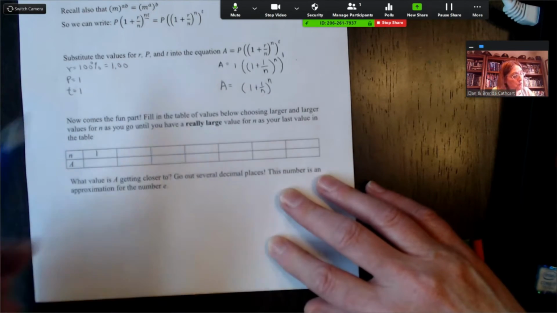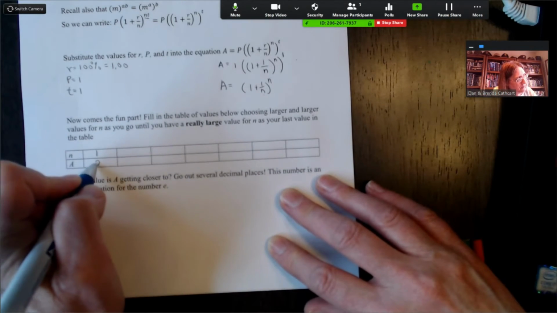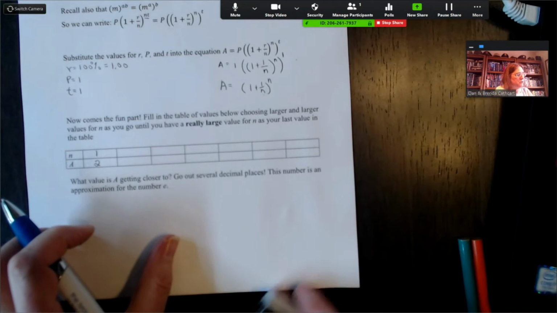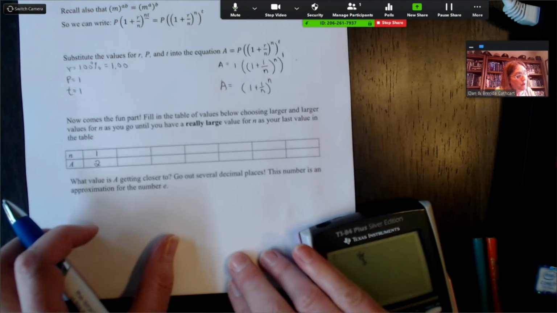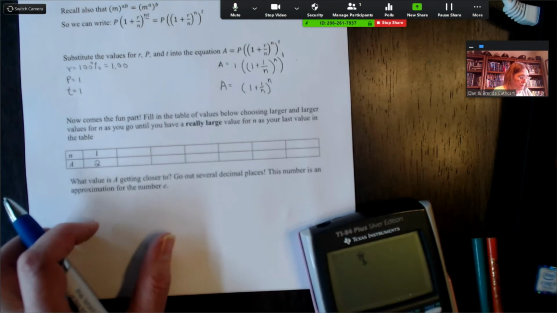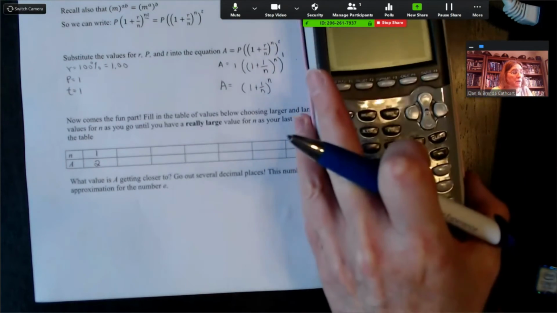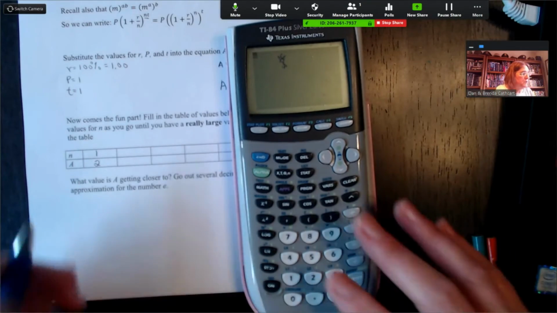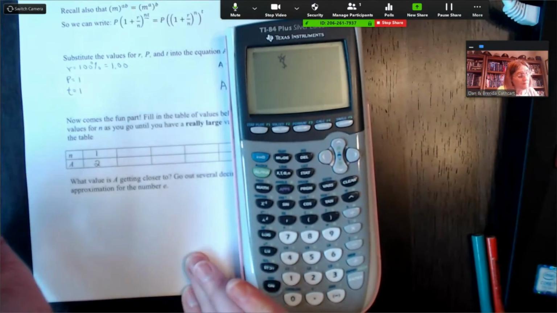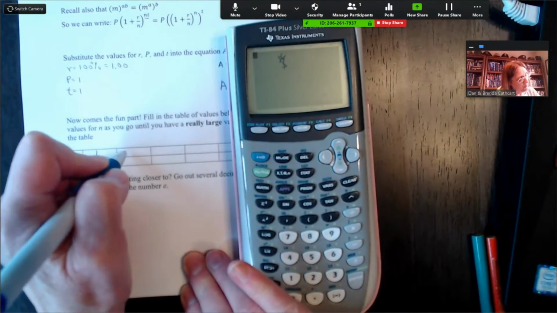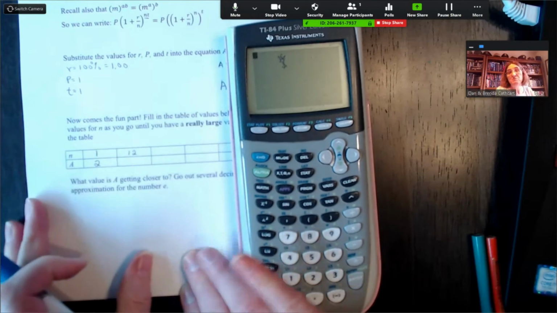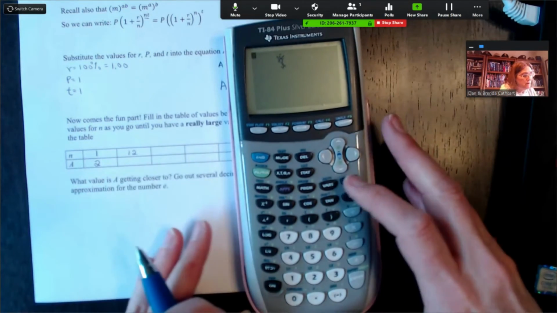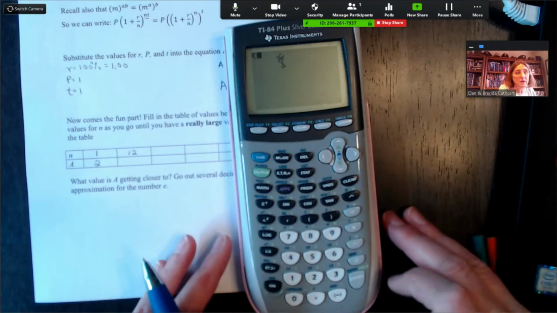As I substitute 1 in here, A is just 2. Now let's see what happens as we make larger numbers for n. Over a period of a year, maybe we want to do it every month, so maybe n is 12. It's not real large, but it's a little large.